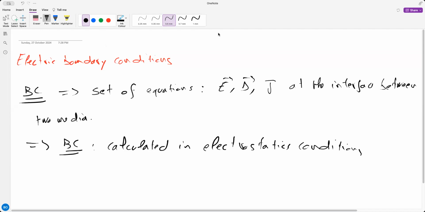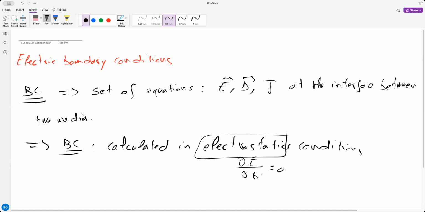Are you following? What is electrostatic condition? Exactly. When there is no change, very good. So yes, electrostatic conditions are when there is no dependence on time of the electric field. So we will calculate them under electrostatic conditions, and later you will see in chapter 7 and 8, we will extend our calculation to electric field and magnetic field that depend on time.